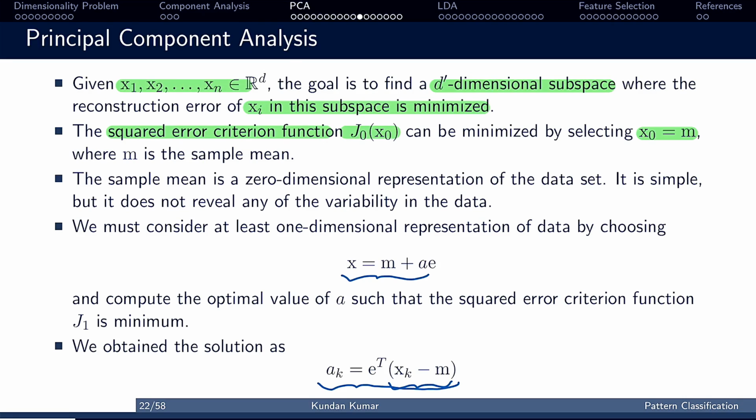If you look at this term, this is xk minus m, where m is the sample mean, which is given by 1 by n summation over k equal to 1 to n of xk. So, this is the expression for the sample mean.